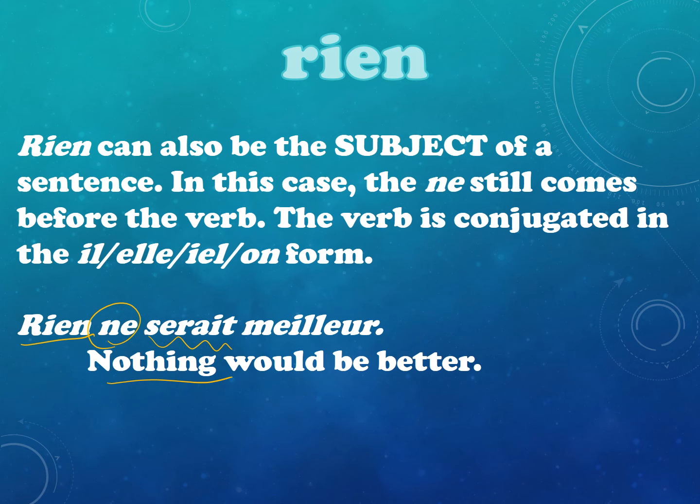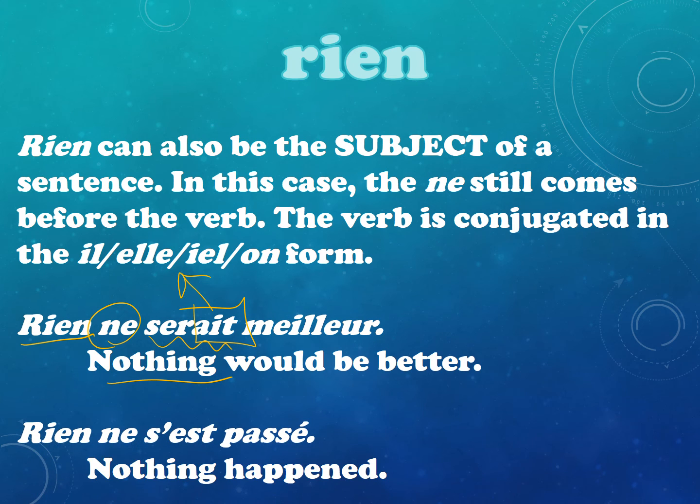And the verb is conjugated in the il, elle, on form. Rien ne s'est passé. Nothing happened. Again, rien first because nothing is the subject, then ne, then the verb, and the verb conjugated in the il, elle, on form.